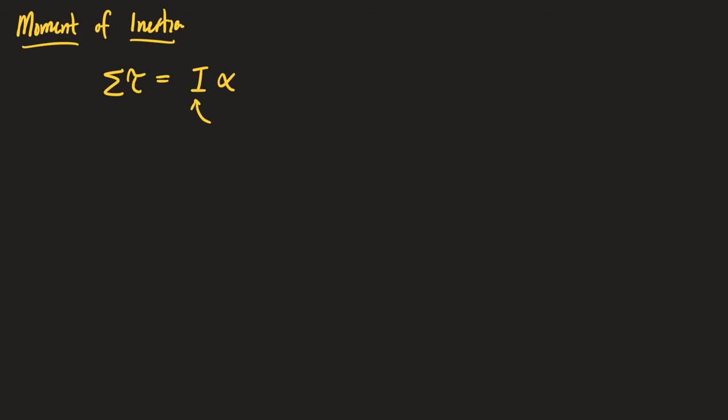I got three definitions here, so let's go through all three of them. It is the distribution of the mass about the pivot. That's technically how we find it. So remember, the closer the mass is to the pivot, the smaller the inertia. Second, it is the rotational inertia.